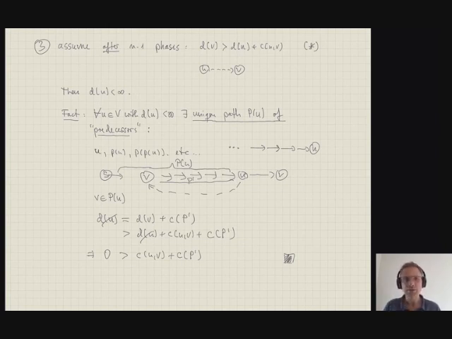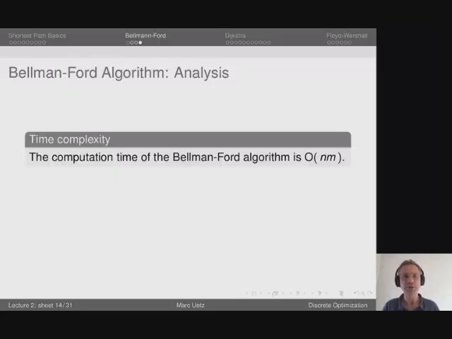So at the end, let us briefly look at the computation time of the Bellman-Ford algorithm. And that is actually very simple. So the claim is that the computation time is of order n times m, so number of edges times number of vertices of the graph. And why is that simple? Well, because the algorithm is simple.